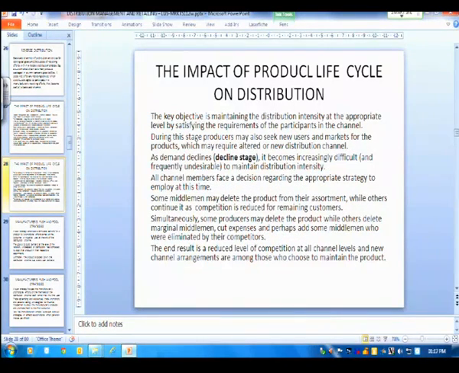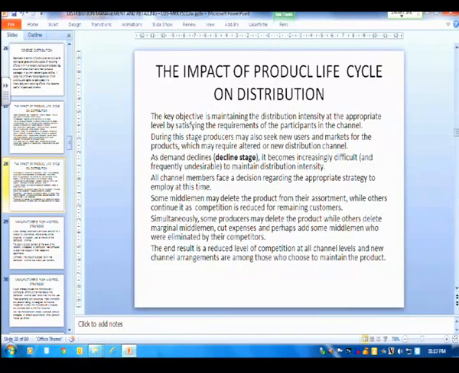The key objective is maintaining the distribution intensity at the appropriate level by satisfying the requirements of the participants in the channel. During this stage, producers may also seek new users and markets for the products, which may require altered or new distribution channels.